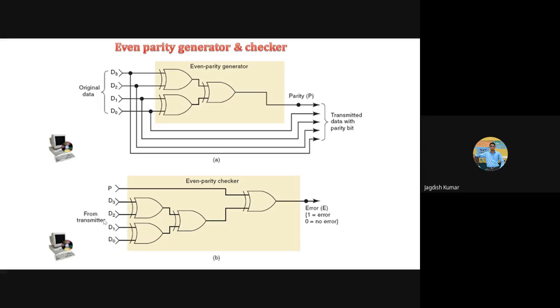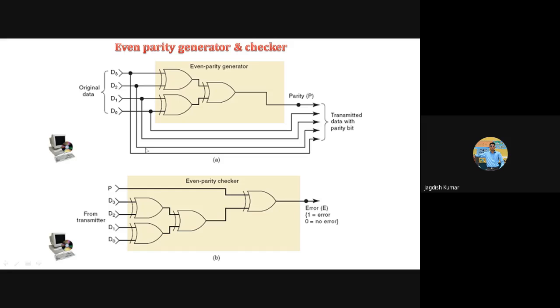So if that is the case, suppose our data originally had an odd number of ones. Suppose here we had transmitted an odd number of ones. Then again, if there is no error in between, the number of ones will remain the same, odd. So what will be the output here? Output here will be 1, right?